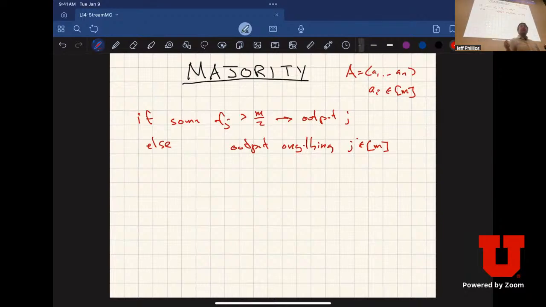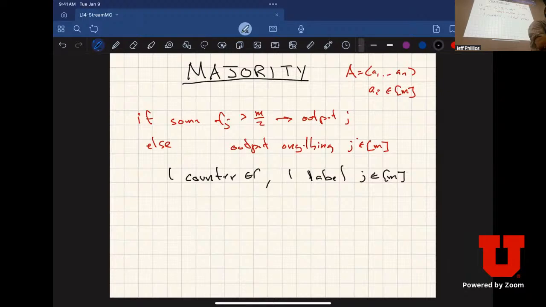Okay, so this is the problem, and I'm going to solve this with one counter and one label. This is some J in M, and this is some value in N. Those are the two things I have space to keep.